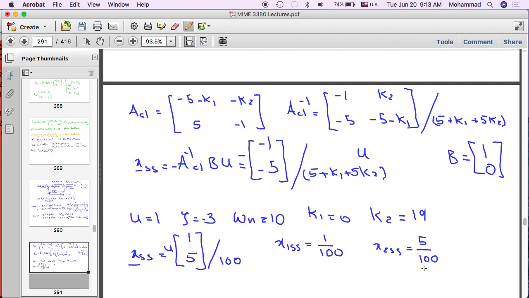But is the controller doing what it's supposed to do? Let me repeat my question one more time. Based on what you see in the simulation, is the controller doing what it's supposed to do?